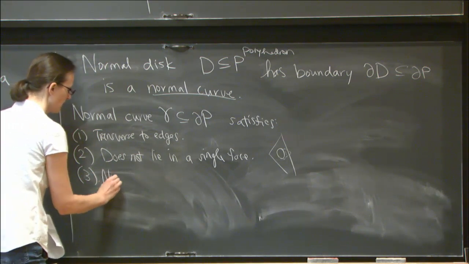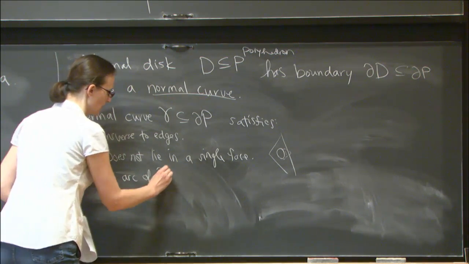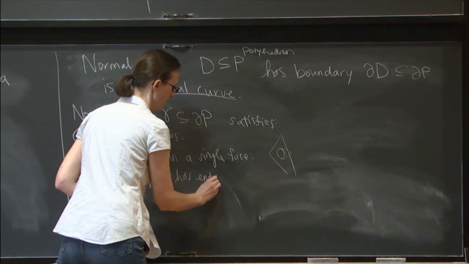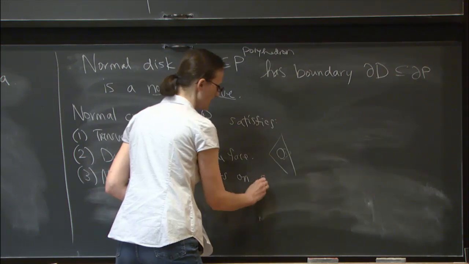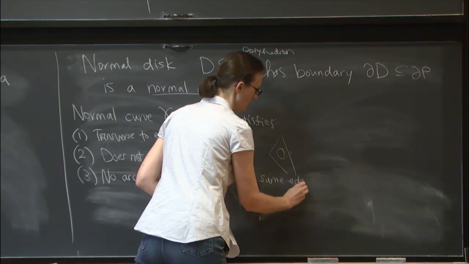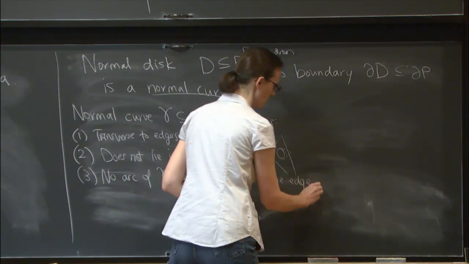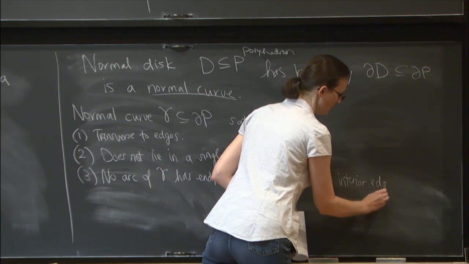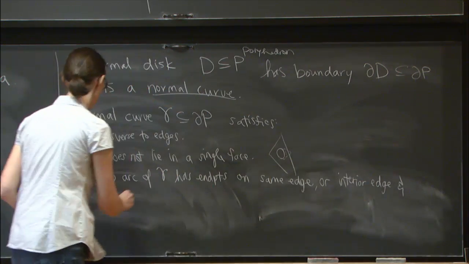Three, no arc of gamma has endpoints on the same edge, or on an interior edge and an adjacent boundary edge.